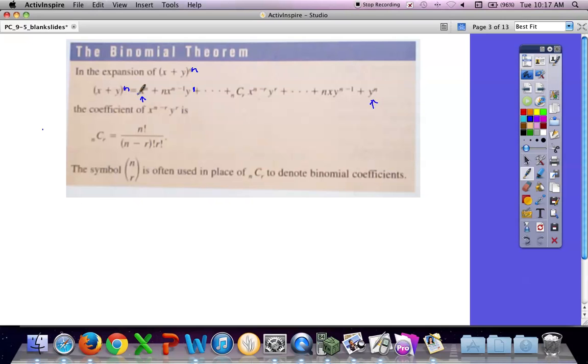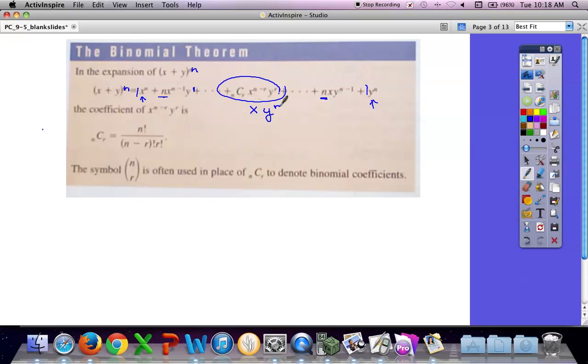But the question is, how do we come up with these numbers here, right? This is a 1. That's a 1. This one is an n. That's an n. And in general, a term in this sequence of numbers, again, it has x raised to a power, and it has y raised to a power. The power of y is r.